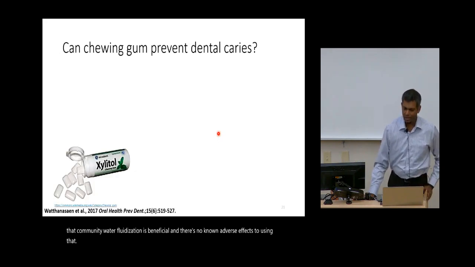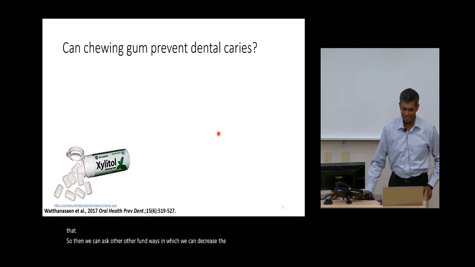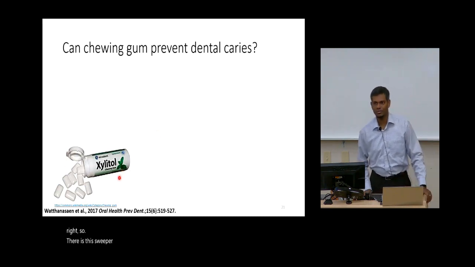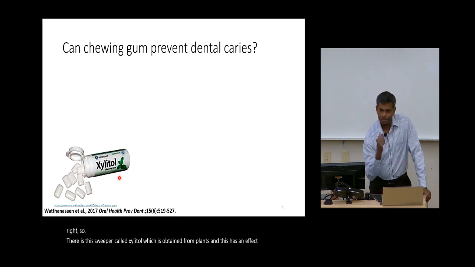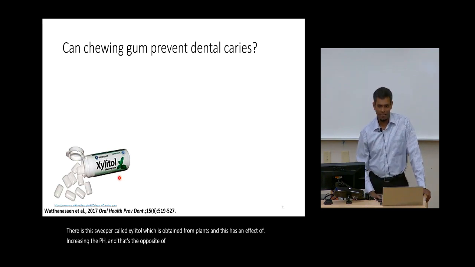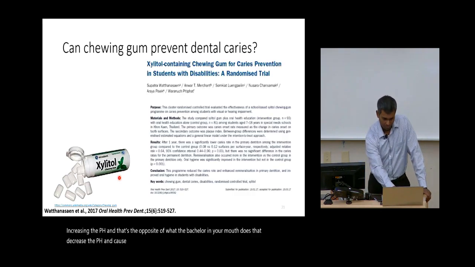So then we can ask about other fun ways in which we can decrease the risk of dental caries. There is a sweetener called xylitol, which is obtained from plants, and it has the effect of increasing the pH. That's the opposite of what the bacteria in your mouth do, which decreases the pH and causes calcium to leach out.